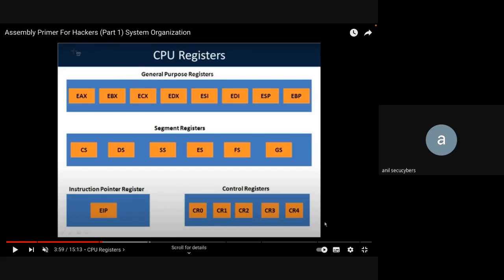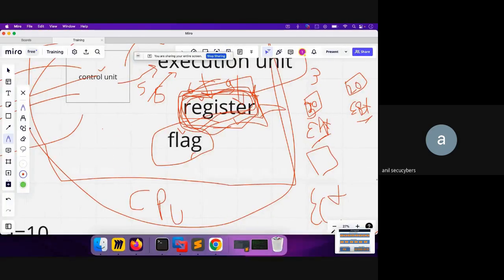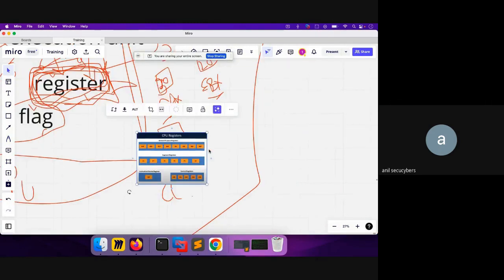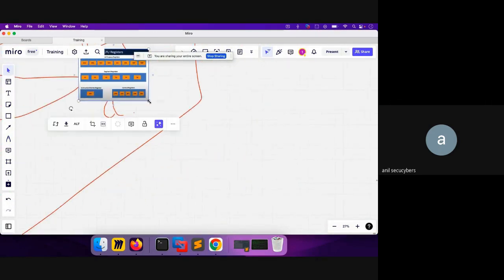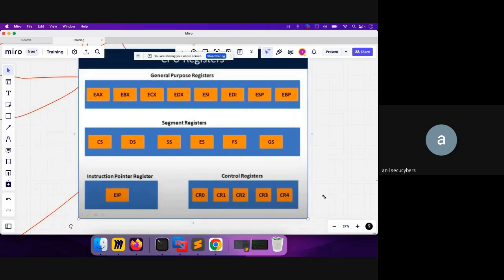What I mean to say is that normally during pen testing, our goal is basically to control this part, the general purpose register, as well as this part.